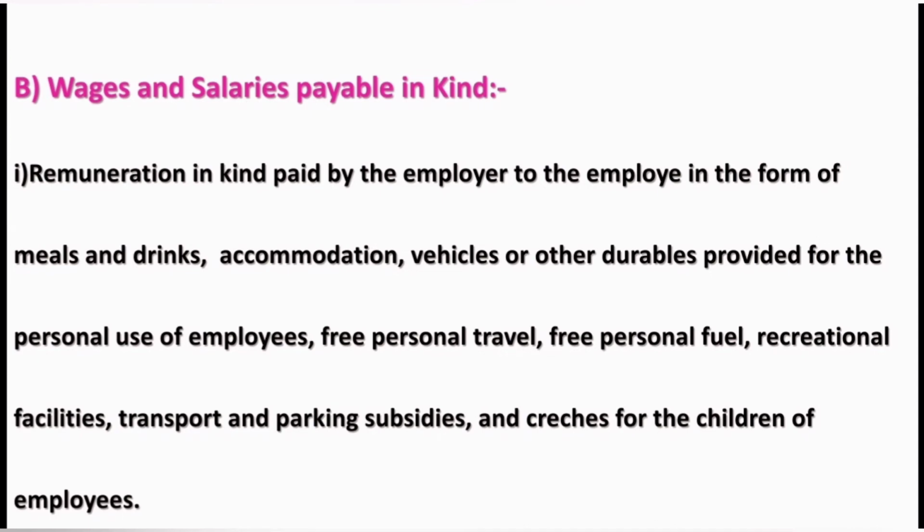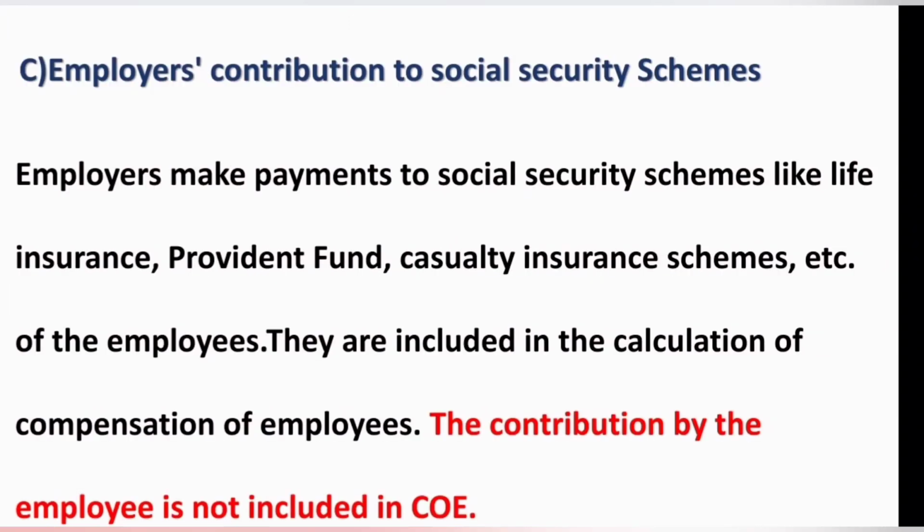Next component is employers' contribution to social security scheme. Employers make payments to social security schemes like life insurance, casualty insurance, pension schemes, etc. For example, there is a contributory provident fund scheme for employees of educational institutions and public sector undertakings. The contribution made by the employer for such a scheme is a part of compensation of employees.